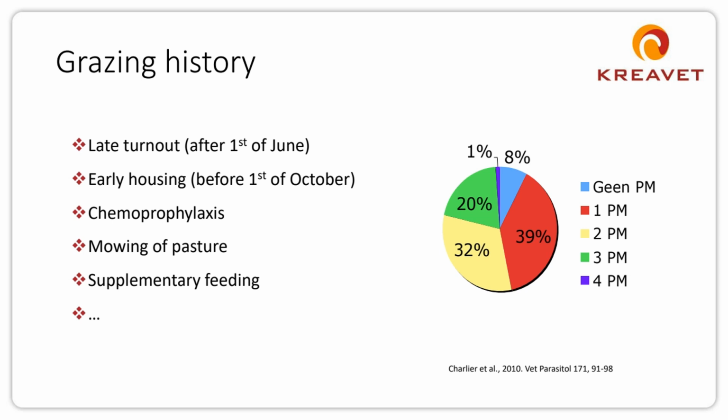These are all measures that are expected to result in a lower infection level. But what we saw is that on almost 75% of the farms, 2 preventive measures are being implemented anyway in the grazing management. So on a lot of these farms, probably there is no need for further chemoprophylaxis or for an intensive treatment schedule.